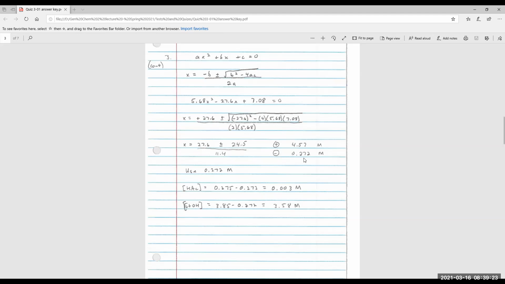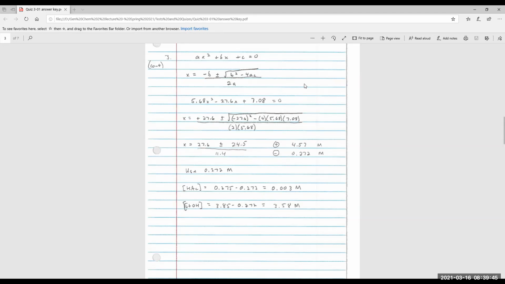That's the minus b plus or minus the square root b squared minus 4ac over 2a. If I plug those coefficients in, and the coefficients I'm talking about are for this equation, okay, so that was the thing we solved for before.